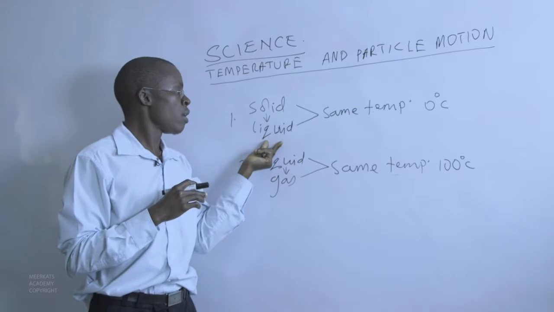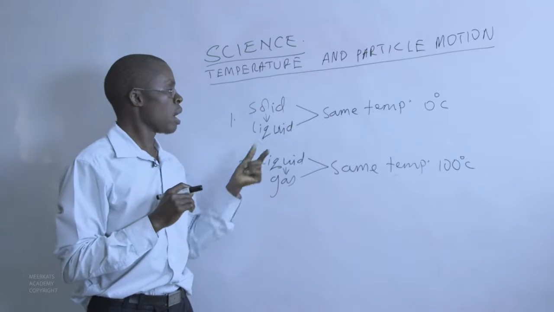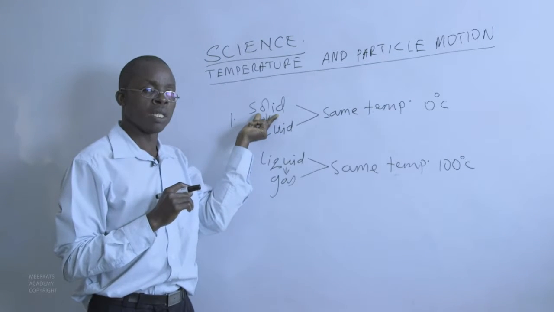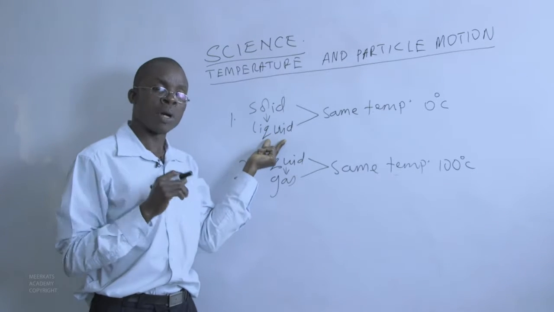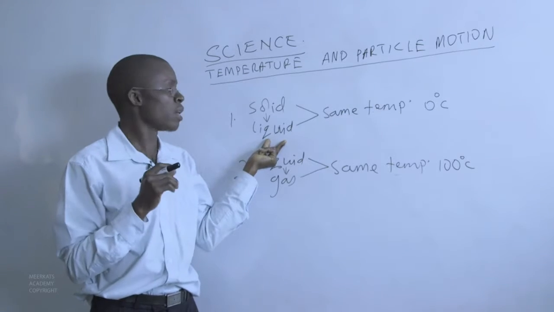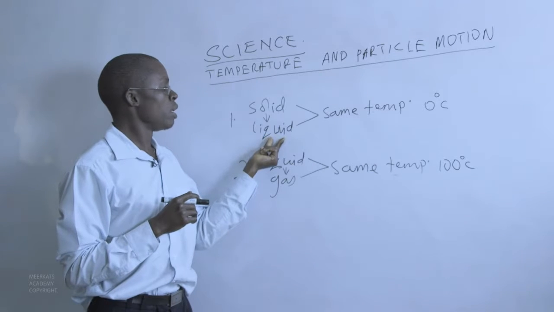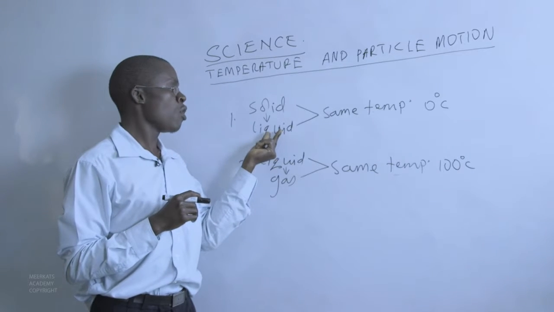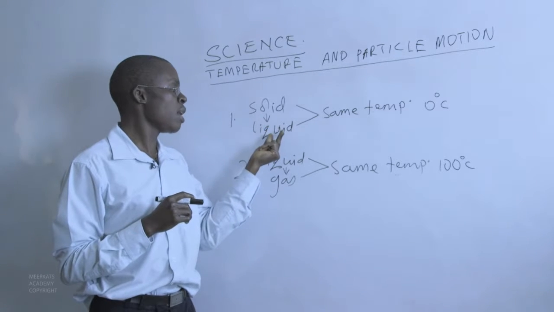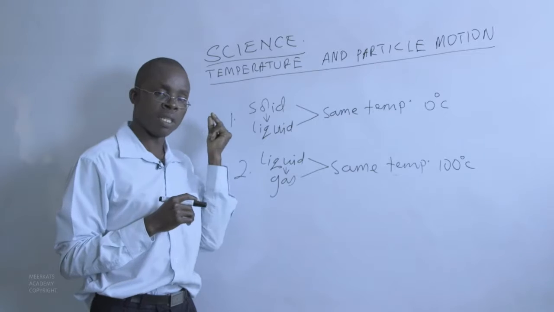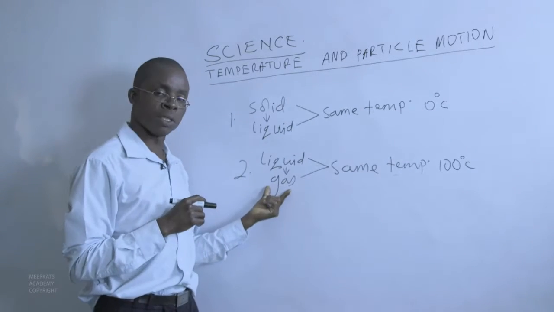Then here we are comparing how much movement this solid or this liquid particle would have at the same temperature. This one being a liquid will have more energy, and therefore it will have more or higher movement than a solid, even if the temperature is the same. The same applies to this.